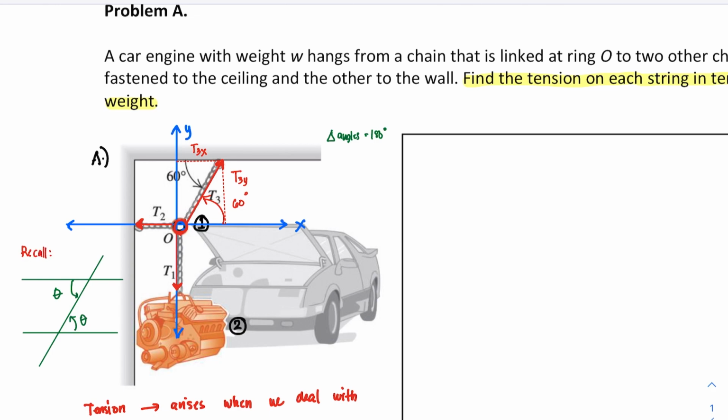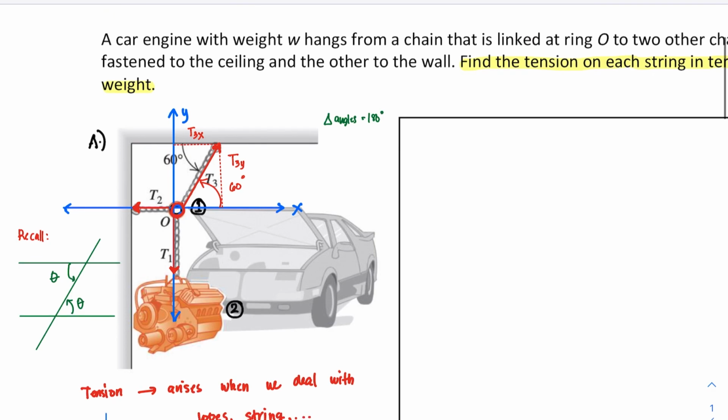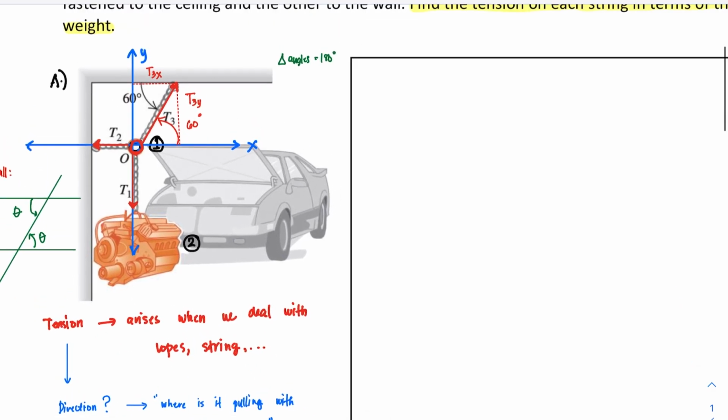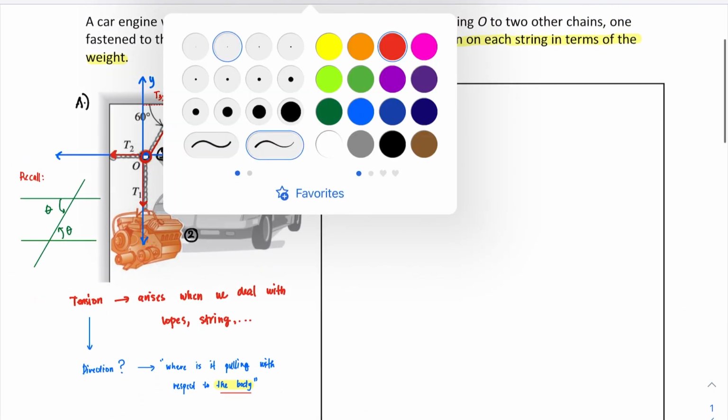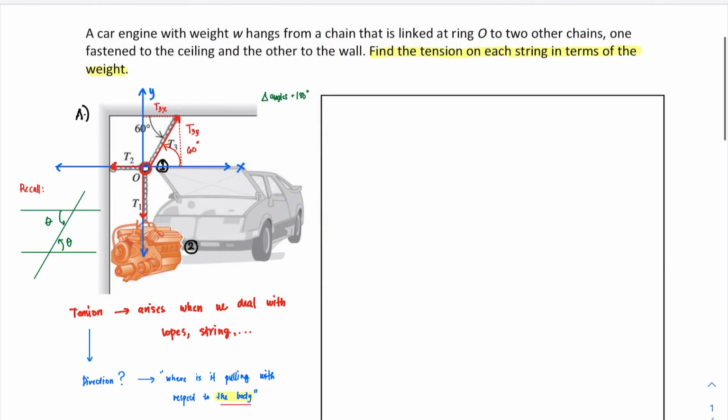Okay, so when we try to sketch the free body diagram for this case, what we are going to do is we will write on this side here FBD for object 1. So I'm just going to draw the Cartesian plane.